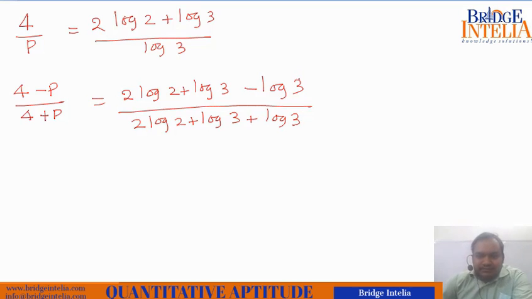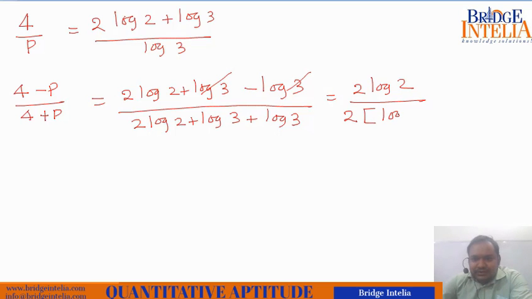So if you solve this carefully, this log 3 and this log 3 will get cancelled. 2 times of log 2 whole divided by, you can take 2 common, log 2 plus log 3.